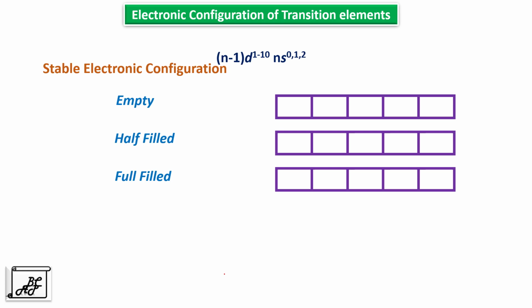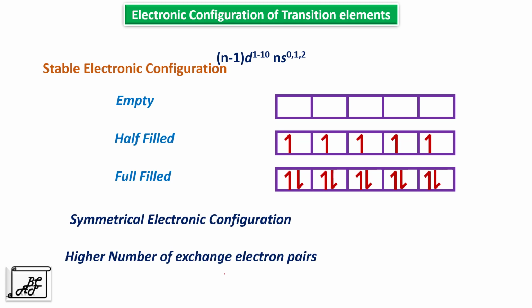If all these 5 d orbitals are half-filled, that means all the d orbitals contain one unpaired electron, it is called half-filled and it is also a stable electronic configuration. If all these d orbitals are filled with pairs of electrons, it is called full-filled electronic configuration and it is also stable.